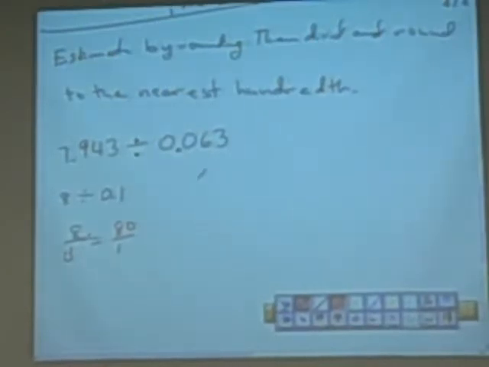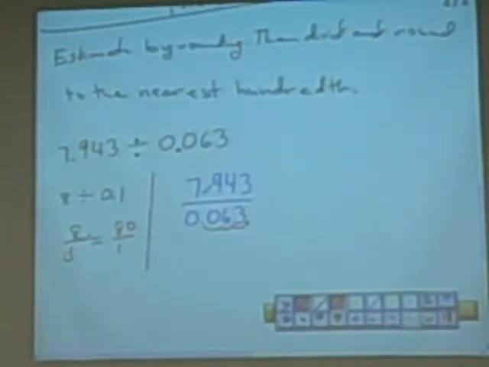So if we looked at, here we have 7.943 over 0.063. We have to move that decimal point how many places? 3, right?